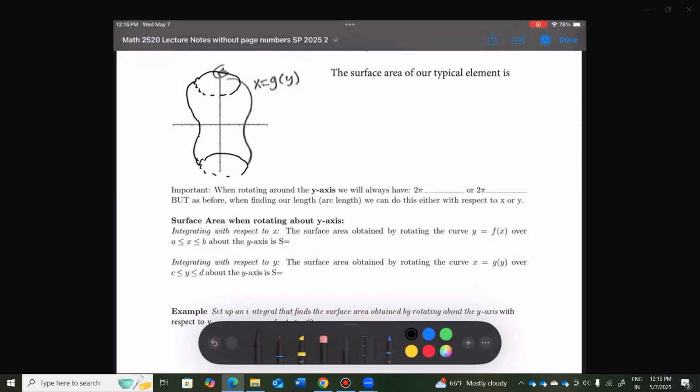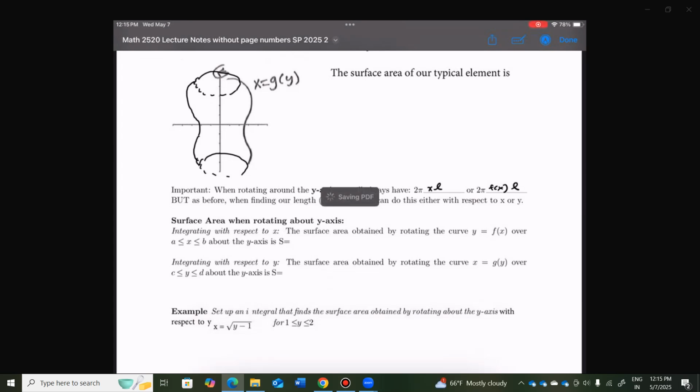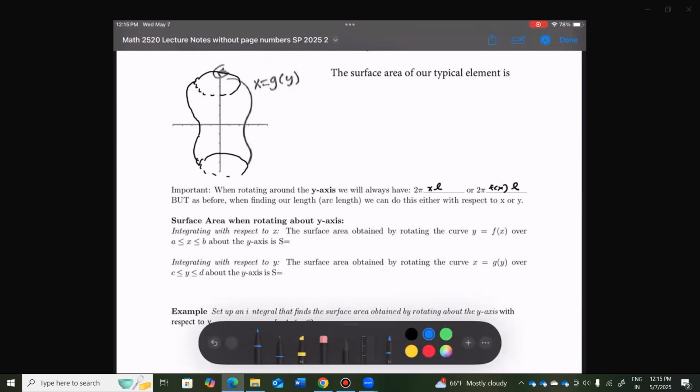All right, so for rotating around the y-axis, it's going to be a very similar formula: 2 pi x L, or 2 pi f of x L, where your radius is from the function to the axis, and then your L is this way. Okay.